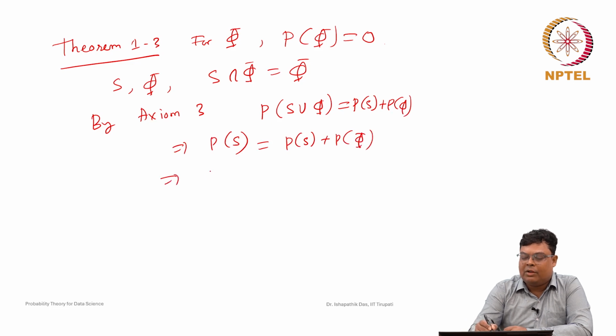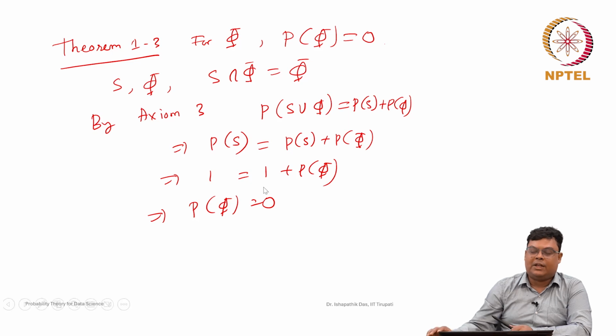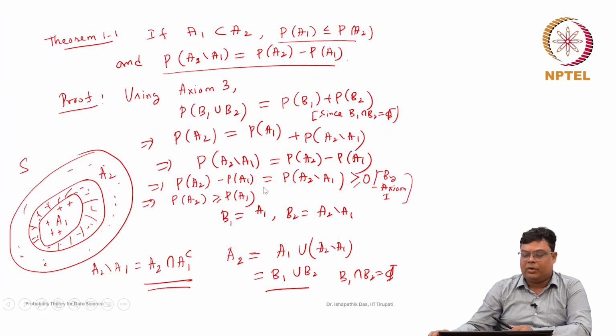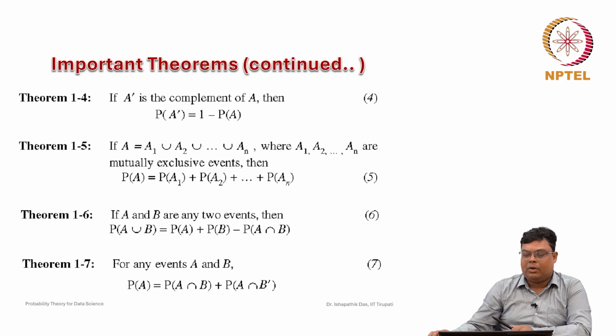Probability of S we already know is 1, so 1 plus probability of phi, which implies probability of phi is equal to 0. These are very straightforward, but we want to prove them, because without proof we may not be able to use them further whenever we need them.